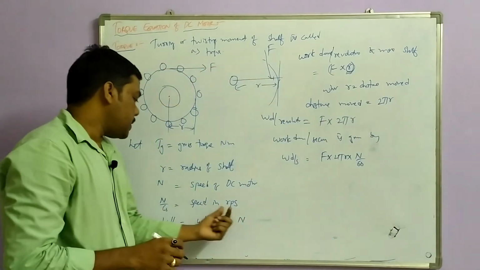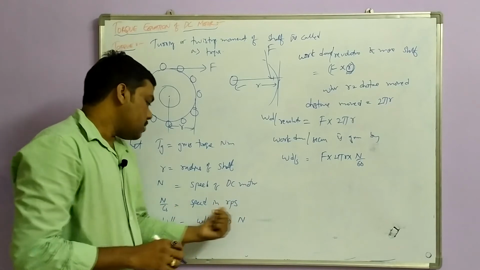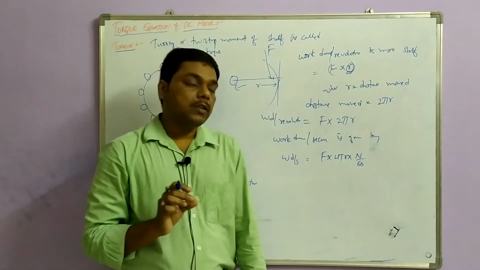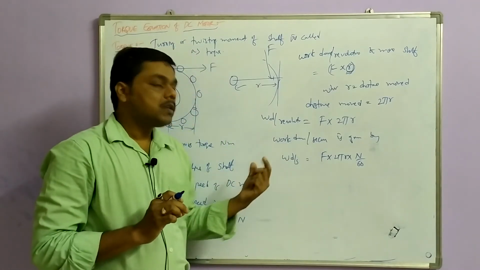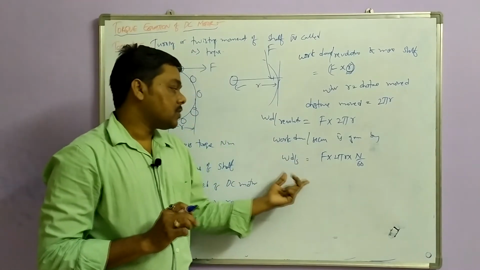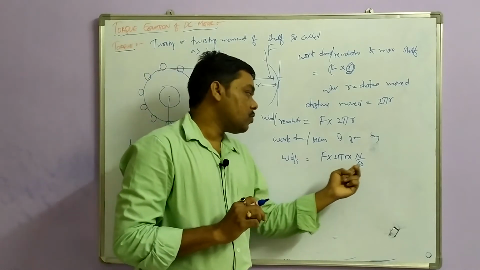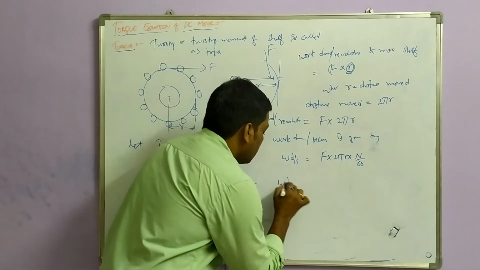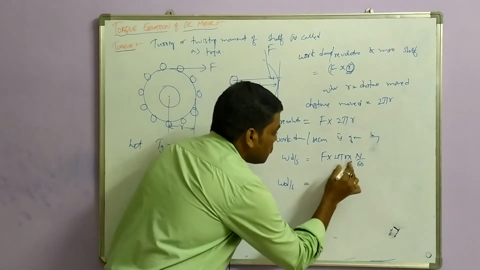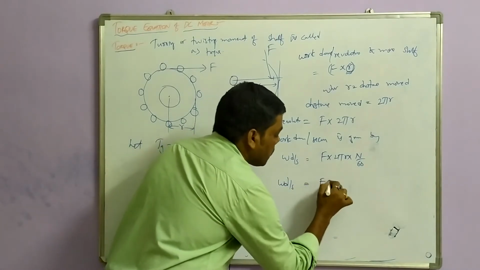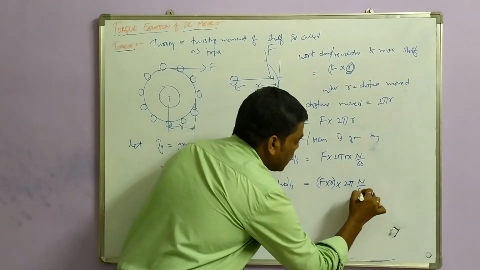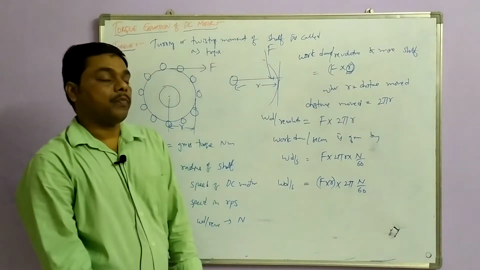Here N is the speed in rpm, so N by 60 is the speed in rps, that is, the work done in 1 second. So it is F into 2 pi r into n by 60. Separating the F and r terms, work done per second is F and r into 2 pi n by 60.